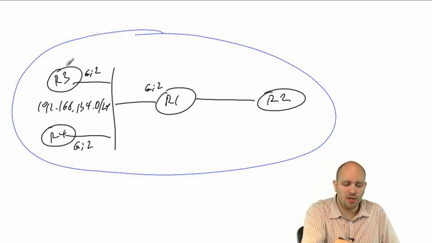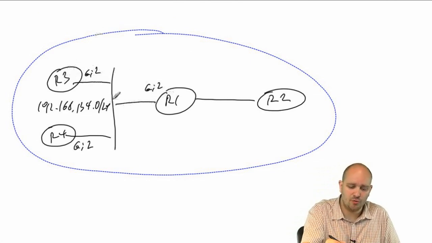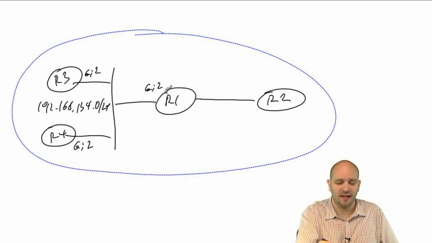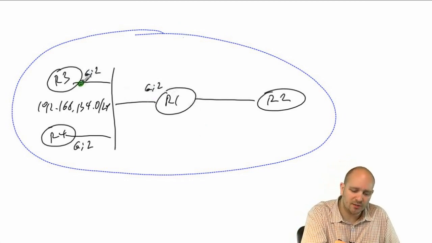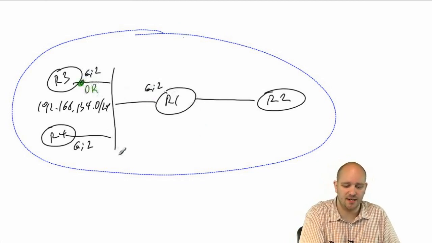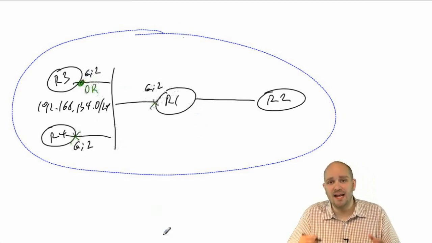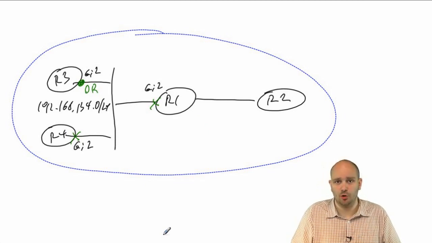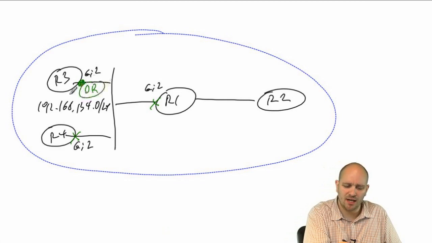So what I'm going to do here is I'm going to enable this relationship here, and I'm going to configure one additional thing. Let's say that I want to make sure that my R3 here is the designated router, and I want to make sure that R4 and R1 are ineligible to become the DR. So this is a configuration that I'm going to set up now. How can I make sure that R3 is the DR?